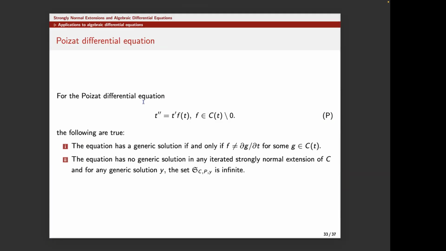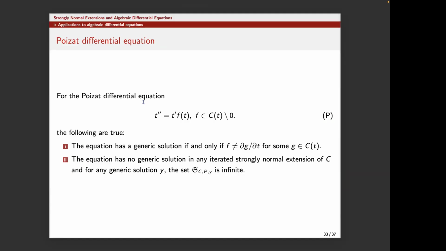And we apply our result to the Poisson differential equation and Lotka-Volterra systems. For the Poisson differential equation, the equation is of the form t'' equal to t' f(t), where we assume f to be a non-zero rational function.